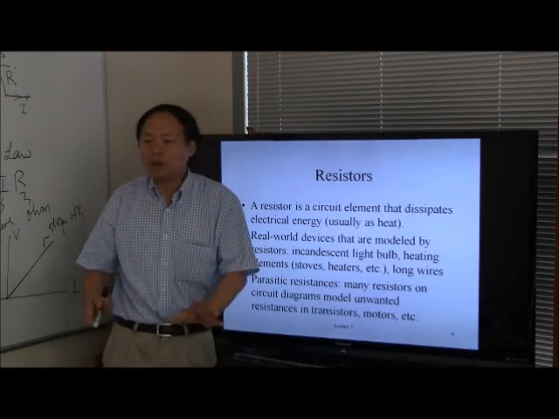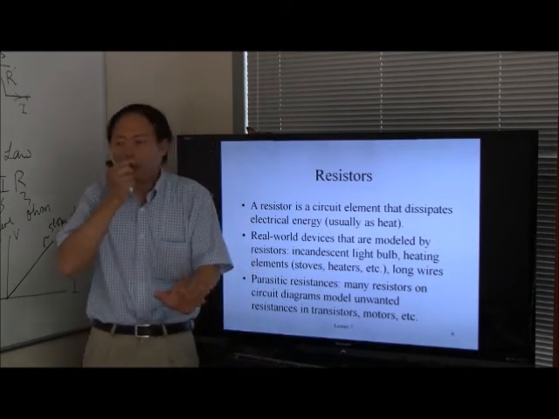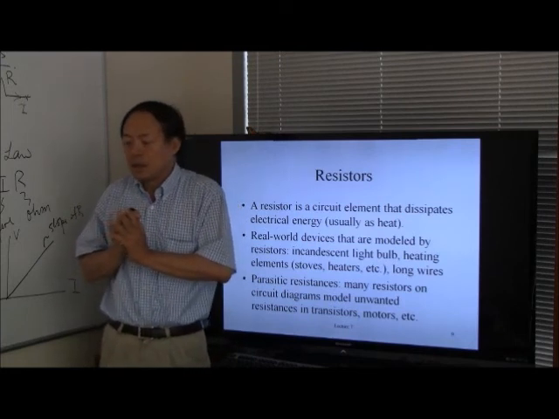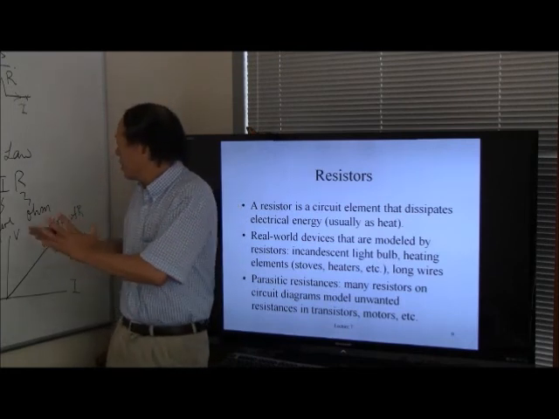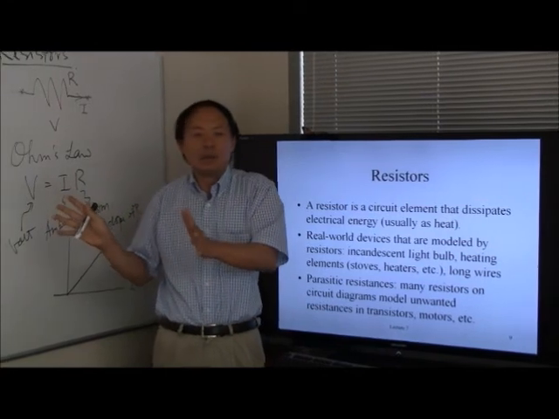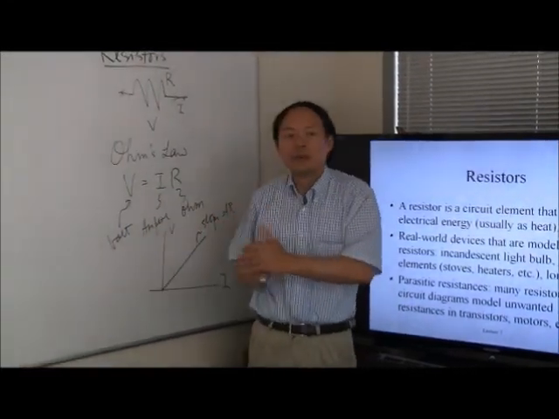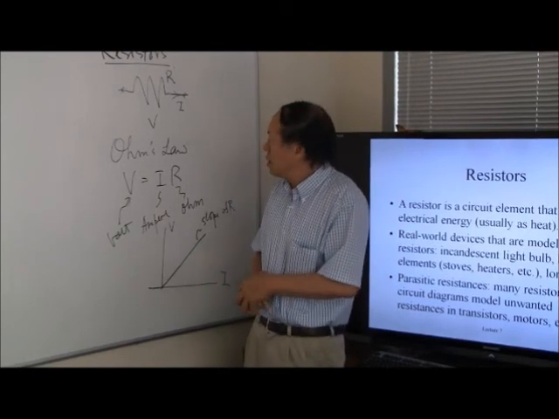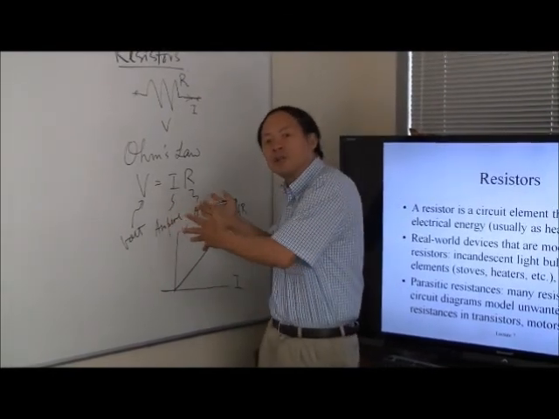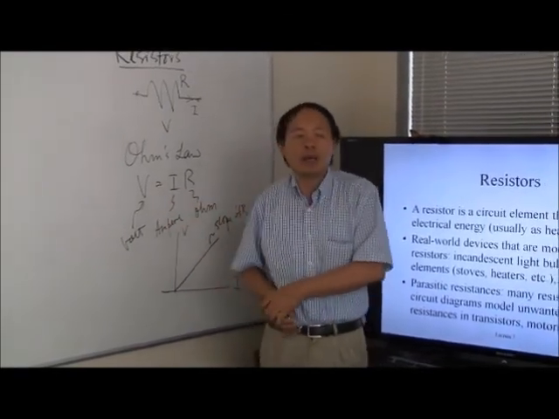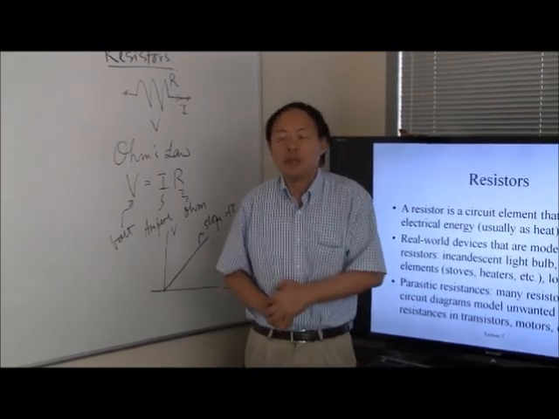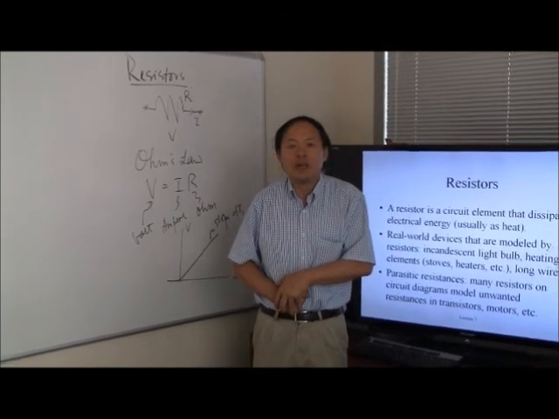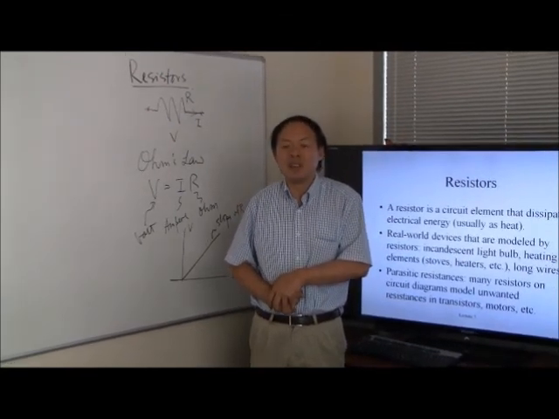Now, I want to think a little bit more about what resistors really are. V equals IR is an equation very similar to F equals ma. About the nature of this law called Ohm's law, I could ask a question here. Is it a definition, very much like F equals ma is a definition?